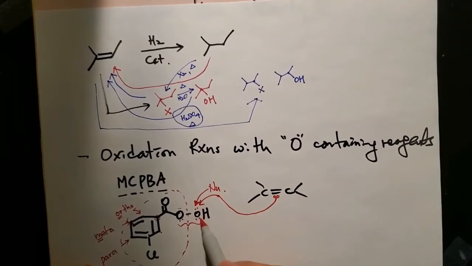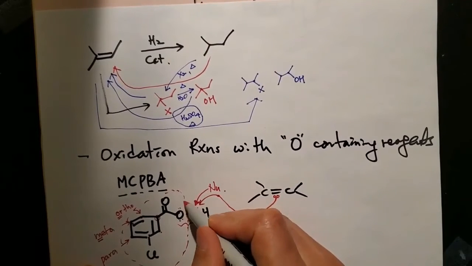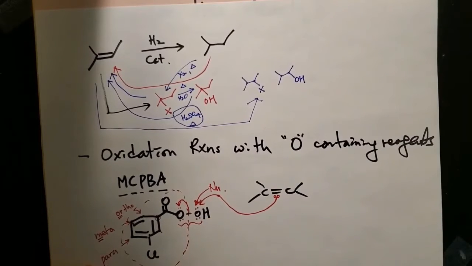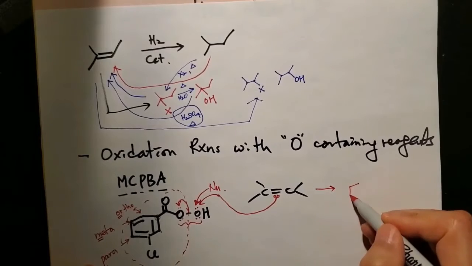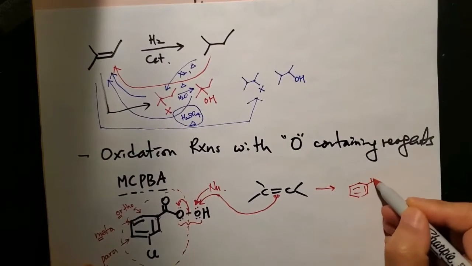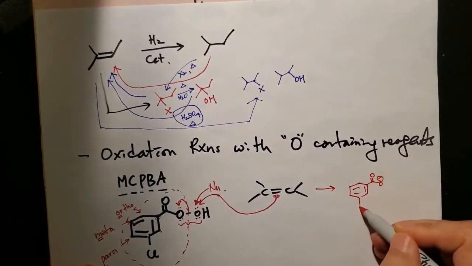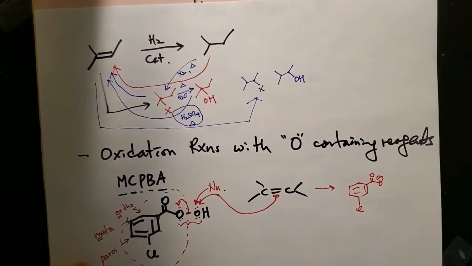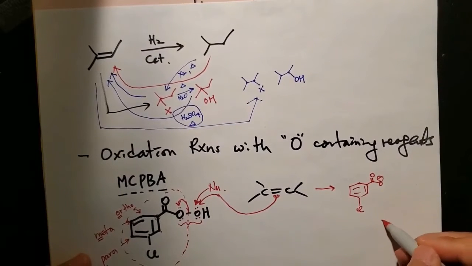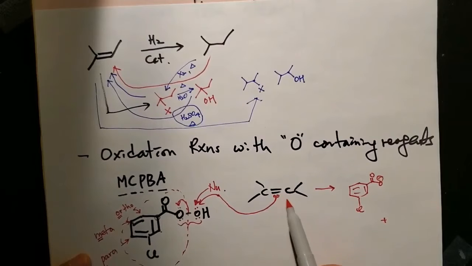So it is given to the oxygen, and this bond indeed breaks. And as a product, you form this carboxylate, the benzoate, meta-chlorobenzoate as a leaving group, plus you are forming an intermediate of this chemical.